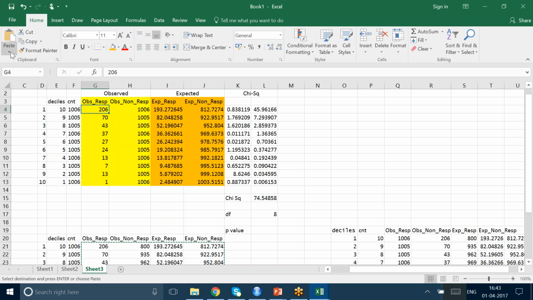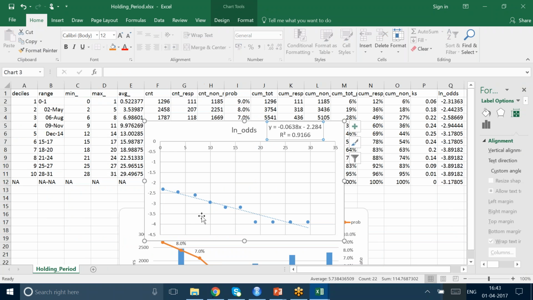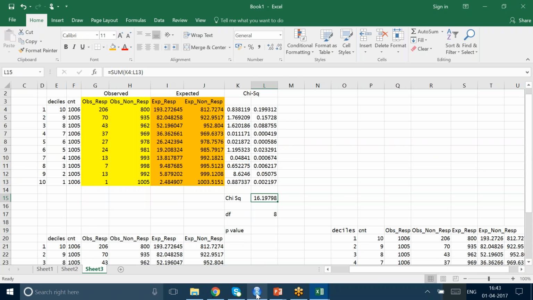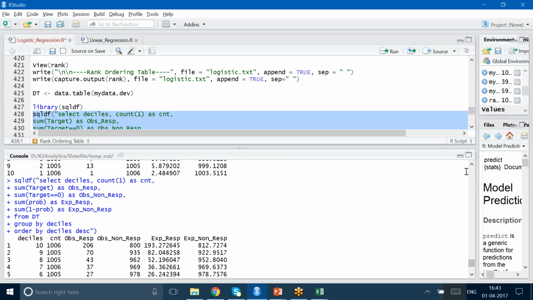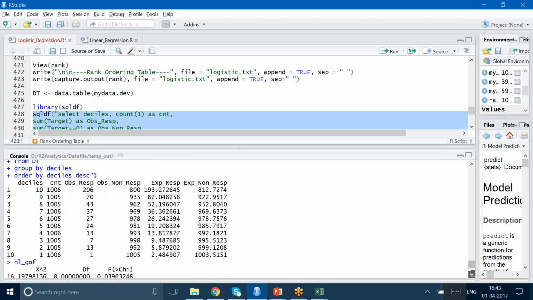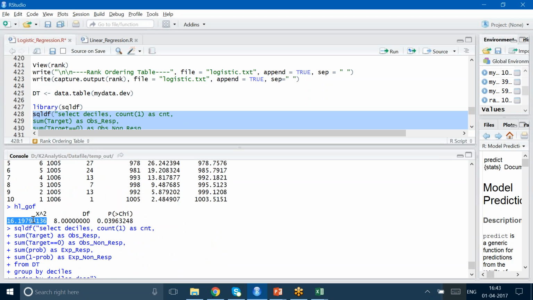Home, paste values. Now in this entire calculation, you see the chi-square is 16. This chi-square is the same as what my HL code had given, 16.19. So that was just a small formula error I had while aggregating.